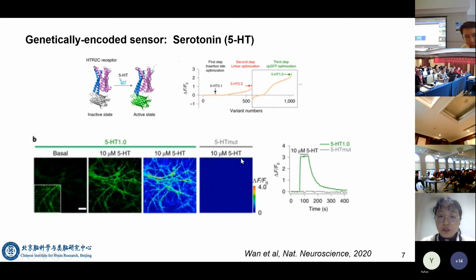And if you use the mutant sensor, then there is a low signal. So that means this signal is produced by this serotonin sensor. It's not the cell's spontaneous signal. They published this last year also.